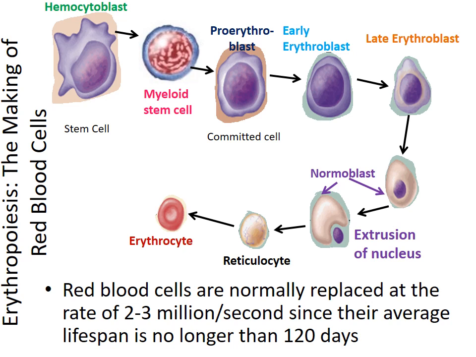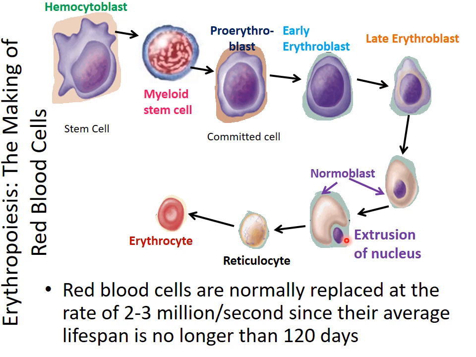The size reduces. You can always see a definite nucleus when it was immature as a stem cell. Nucleus is seen all over, and finally at the stage called normoblast, you will see the nucleus being extruded out.